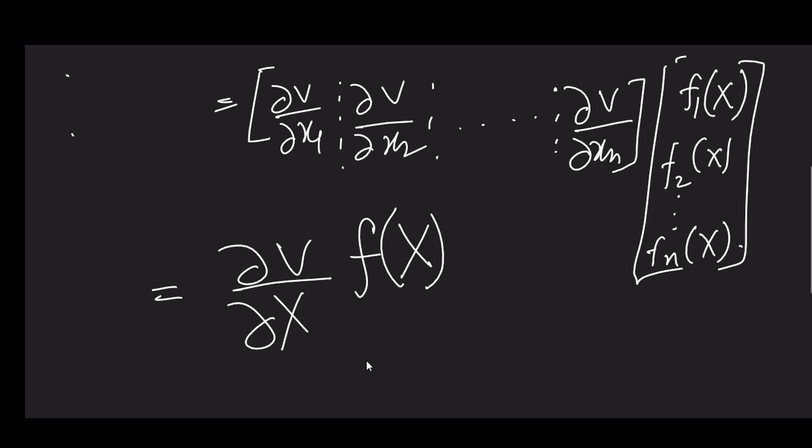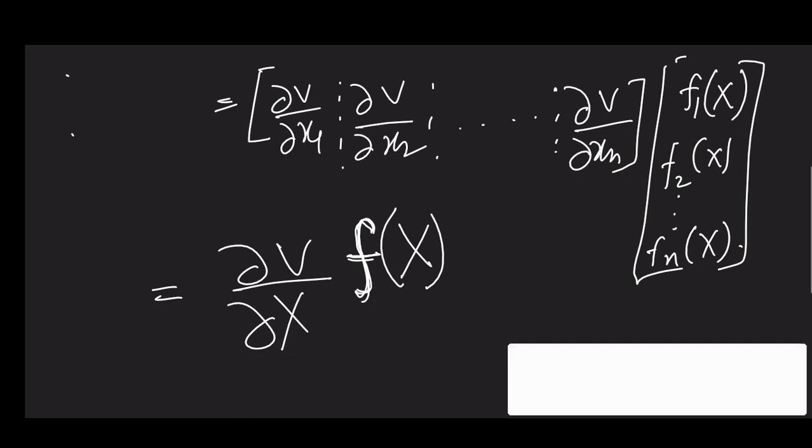I wish I could write it all the time using bold letters because it is a vector valued function, but it's tiresome and will consume unnecessary time on this petty issue. You are mature enough to figure it out, right?